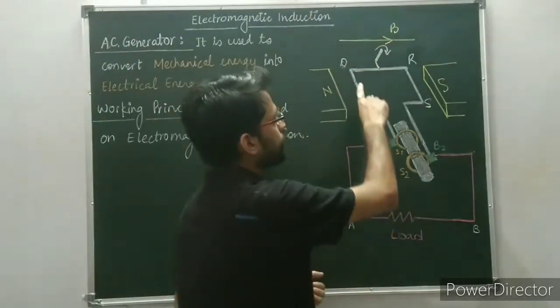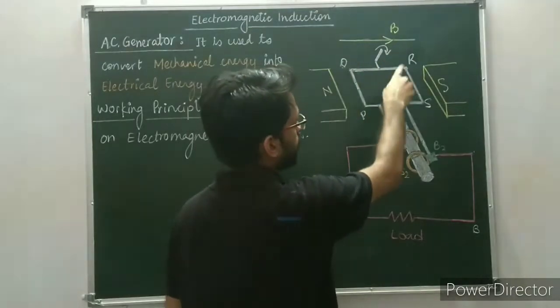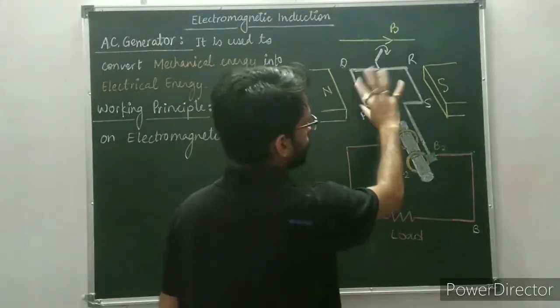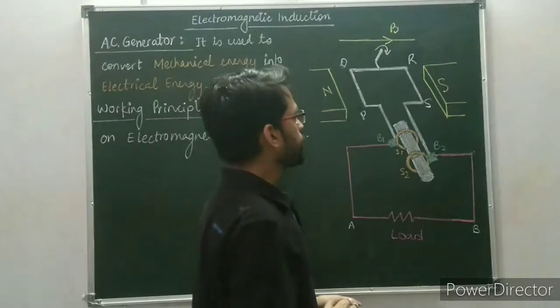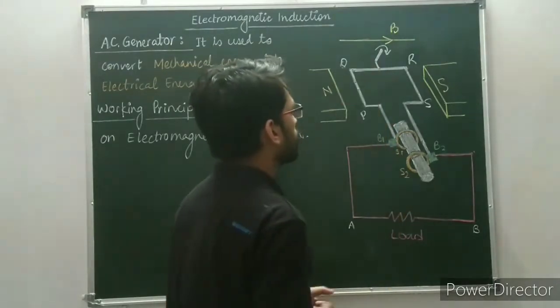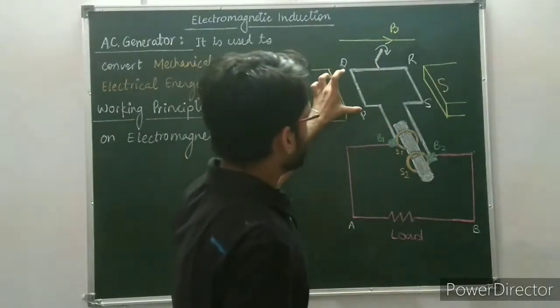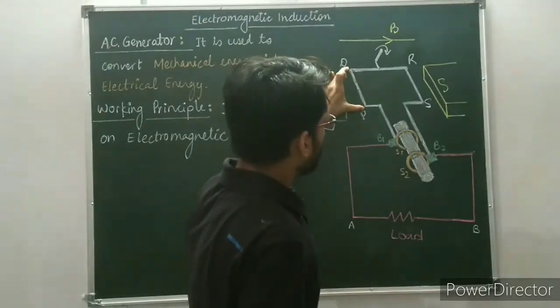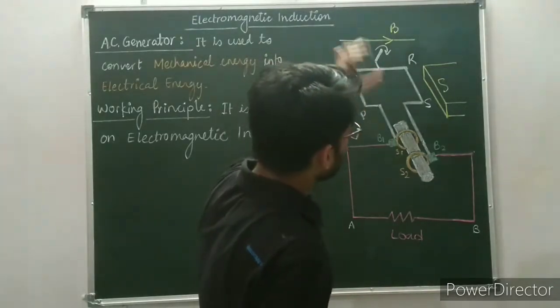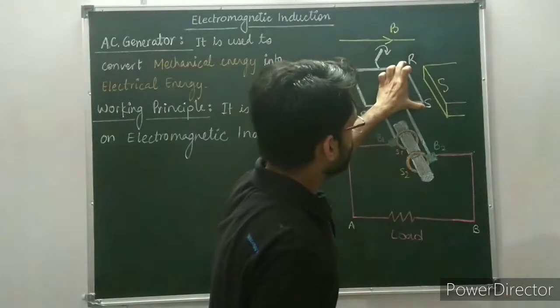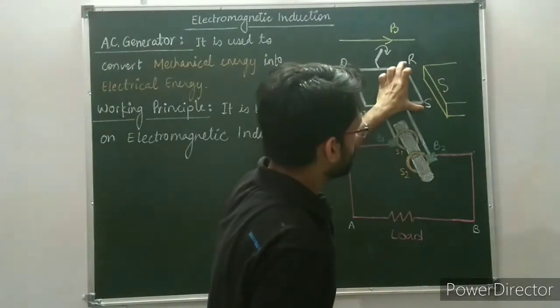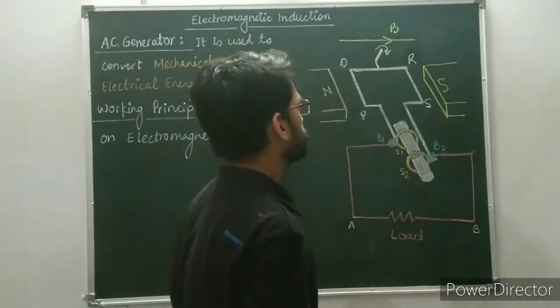Now consider you are rotating the coil in clockwise direction, using the handle. During rotation, the arm PQ is moving upward, and the arm RS is going downward.